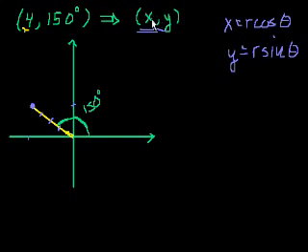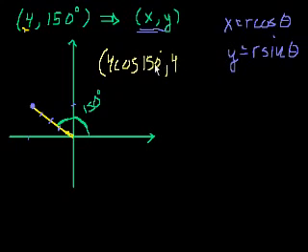So x is equal to r cosine theta. Let me write it in a different color. Now we're doing it with Cartesian coordinates. x is r cosine theta. r is 4, so it's 4 cosine of 150 degrees. And then y is r, which is 4, times sine of 150 degrees.